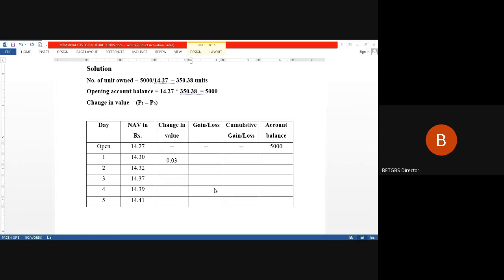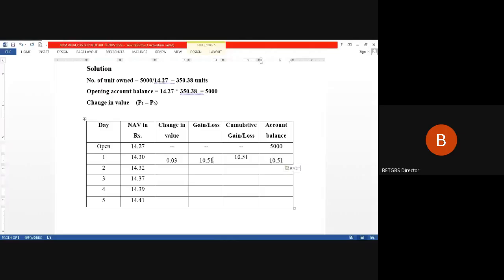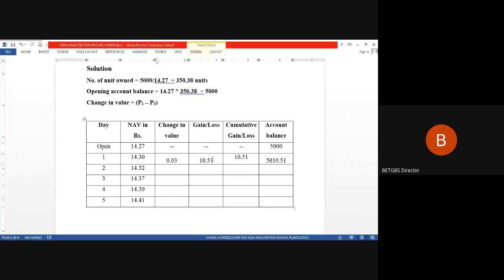Multiply by 350.38, so the gain is this much. The amount will be 5,010 rupees 1 paise.